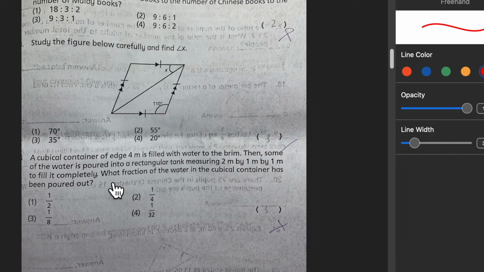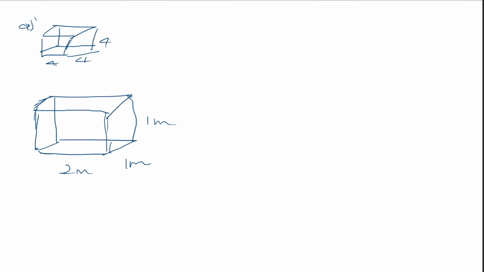Cubical container of edge 4 meter is filled with the water to the brim. Okay, then the water is poured to a rectangle tank measure 2 meter by 1 meter by 1 meter to fill it completely. So what fraction of the water in the cubical container has been poured? Okay, this is not drawn 2 dimension.